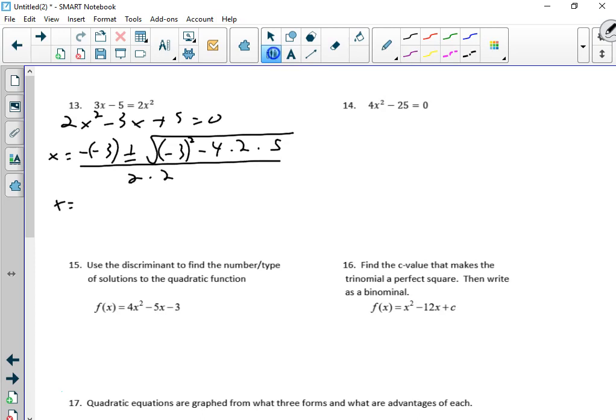So it's going to give me 3 plus or minus 9 minus 4 times 2 is 8 times 5 is 40. So 9 minus 40 is negative 31. So I'm just going to, because of room, go right to the negative 31.